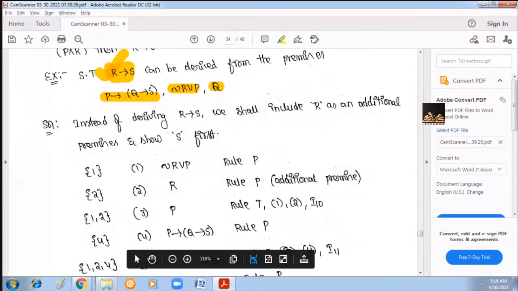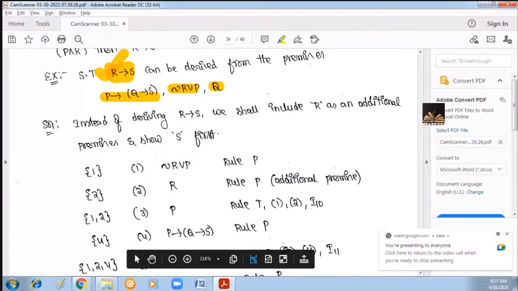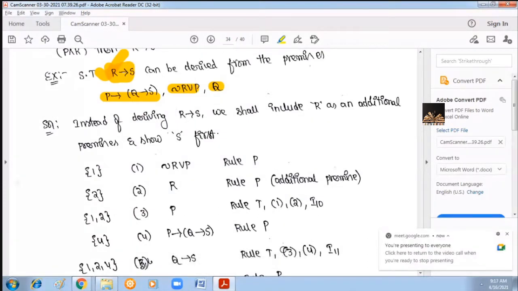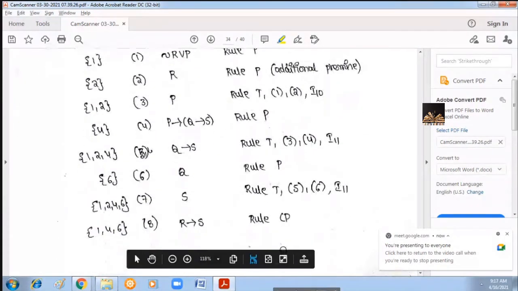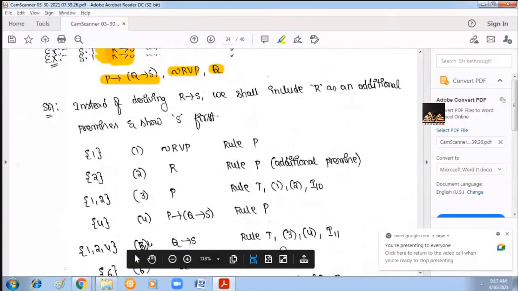So if S is derived from R and some set of premises, then R implies S is also derived from the same set of premises. So here you have to prove that R implies S is derived. How to prove that?